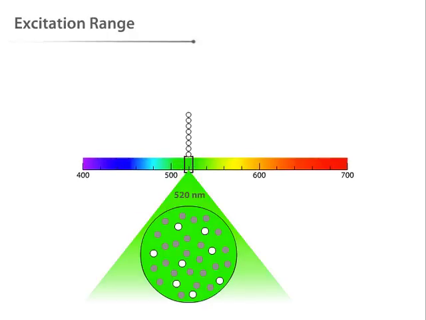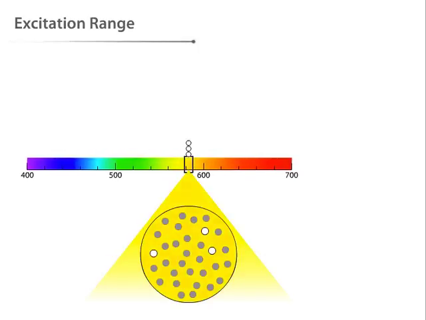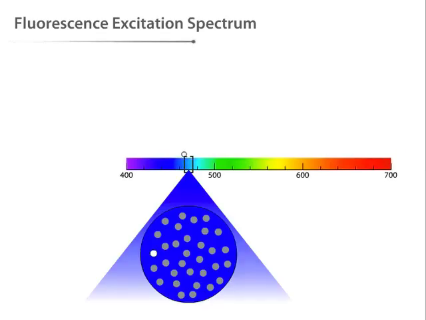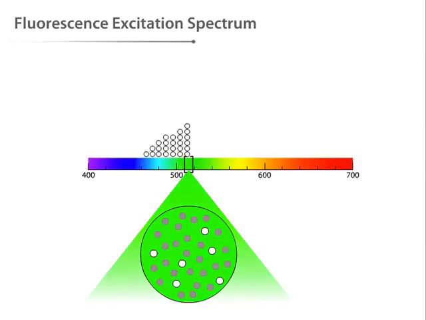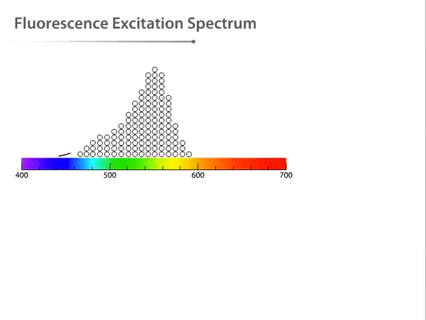However, this is still not the wavelength at which the proportion of excited molecules is maximal. For this particular dye, 550 nanometers is the wavelength that excites more fluorophores than any other wavelength of light. At wavelengths longer than 550 nanometers, the fluorophore molecules still absorb energy and fluoresce, but again in smaller proportions. The range of excitation wavelengths can be represented in the form of a fluorescence excitation spectrum, which looks like this.